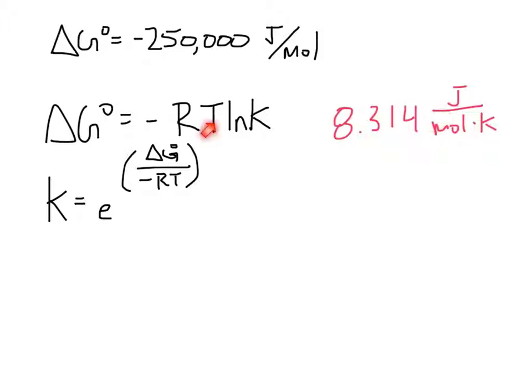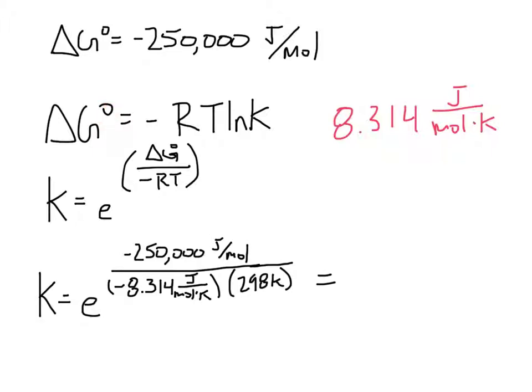And then for temperature, we need to make sure that it is in Kelvin, so it matches up with our R. Since these are standard states, with a little 0 right there, it means it's 25 degrees Celsius or 298 Kelvin. And so if we plug all of those numbers in using our anti-natural log, we are going to get 6.6 times 10 to the 43rd.